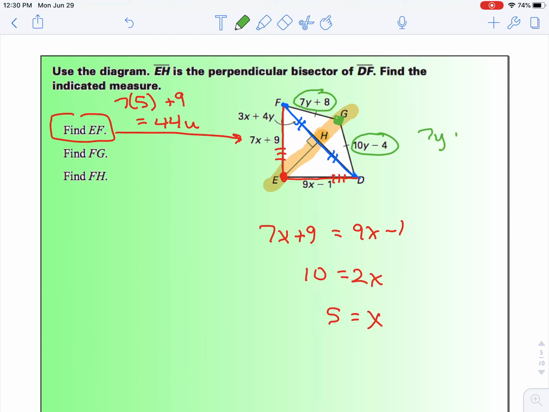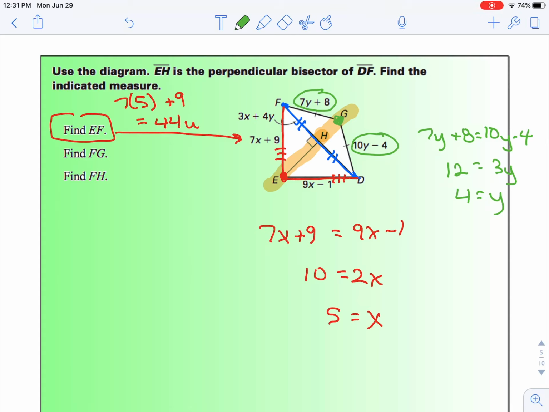So that means that 7y plus 8 is equal to 10y minus 4. Then subtracting, putting the y's on one side, the numbers on the other, that gives me 12 is equal to 3y, and so y equals 4.